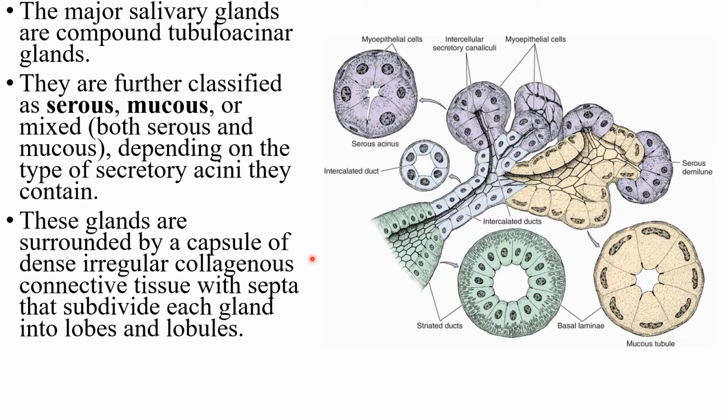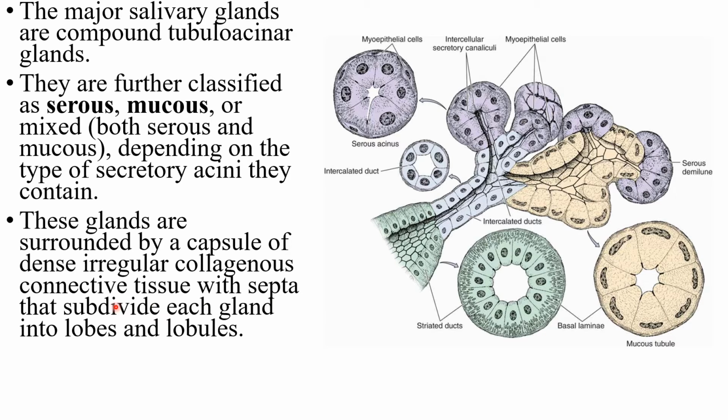Mixed glands contain both serous and mucous acini. Depending on the type of secretory acini that they contain: if they contain serous acini, then they are called serous glands. If they contain mucous acini, then they are called mucous glands. If they contain both, then they are called mixed type.